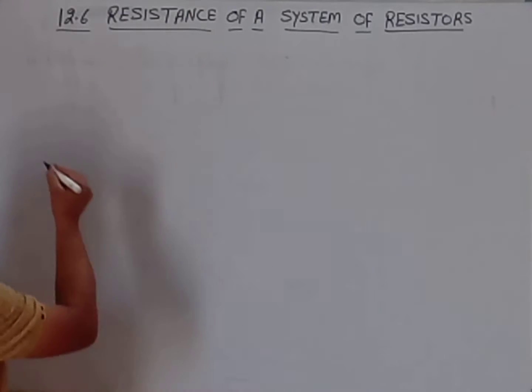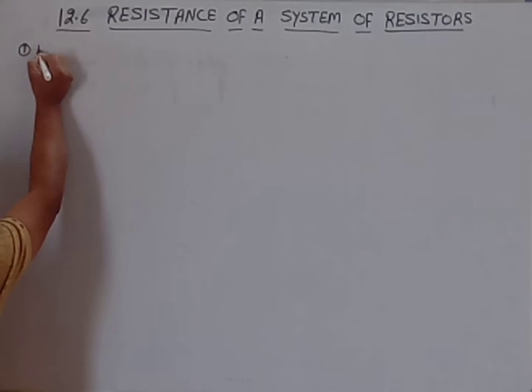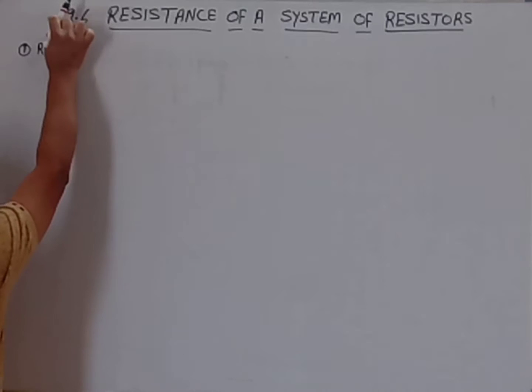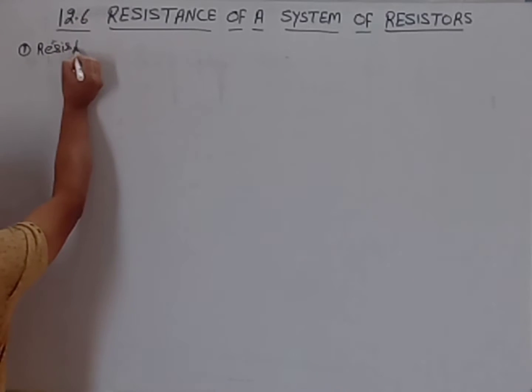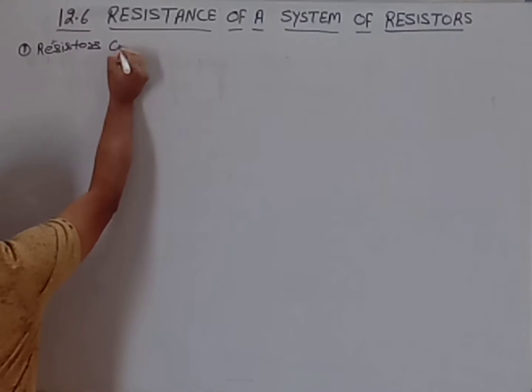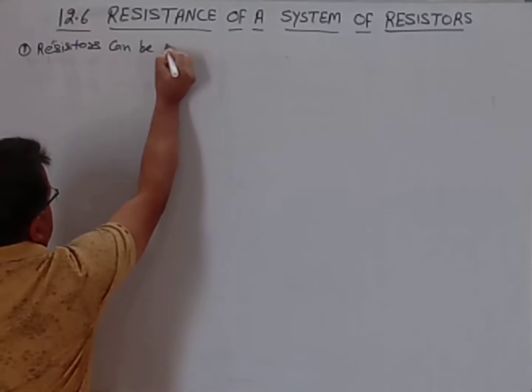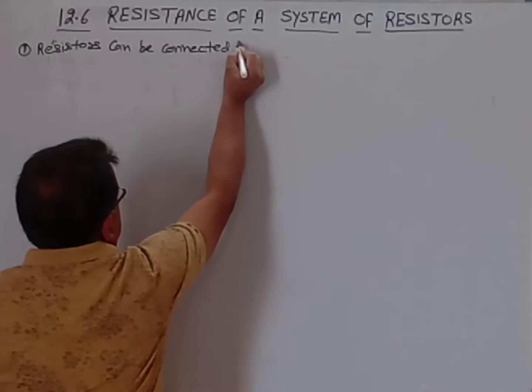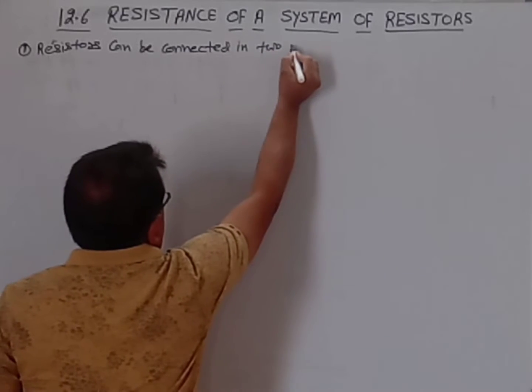So the first point is, resistors can be connected in two ways.